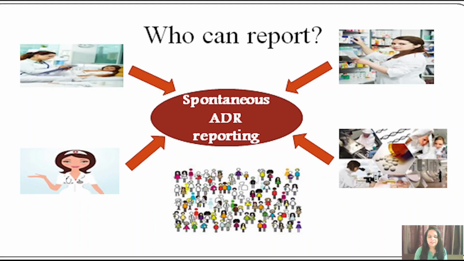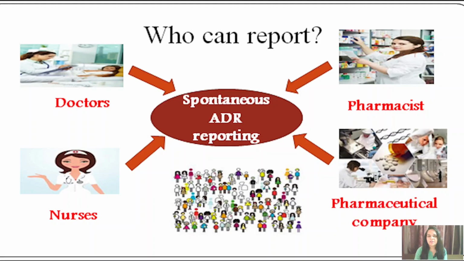Nurses can also report, and pharmacists can also report. Pharmaceutical companies can also report adverse drug reactions due to different drugs. And lastly, consumers can also report adverse drug reactions, but the form for consumers is different from the one used by professionals.